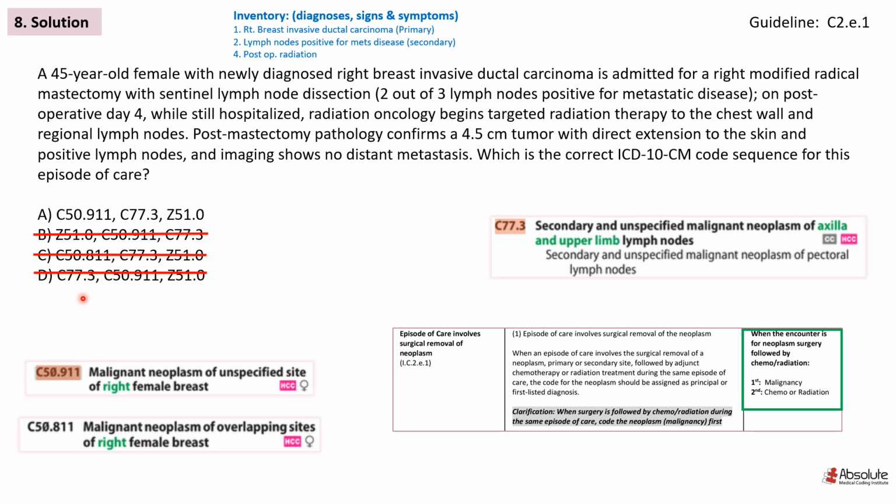And so we are going to keep the C50.911, C77.3, Z51.0, because this is sequencing primary, secondary, and then now the chemo code. And so we like this answer. We're going to keep it. And I hope that makes sense. And hopefully these little tidbits kind of help you all a little bit. And let's move on to the next one.